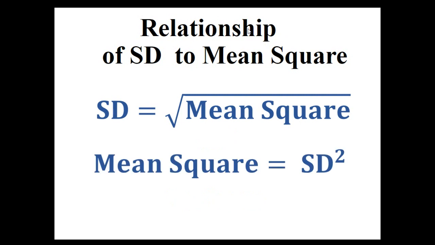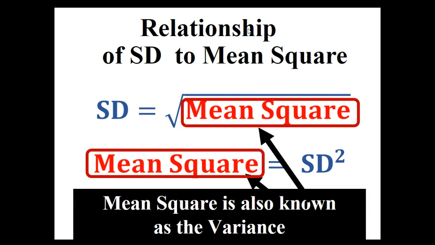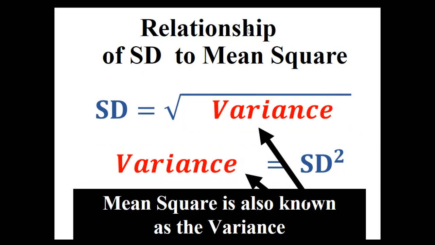Now, if the standard deviation is the square root of the mean square, then algebra tells us that the mean square must be equal to the standard deviation squared. As I said a minute ago, the mean square is also known as the variance. So in these equations, where we have written mean square, we can write variance instead.